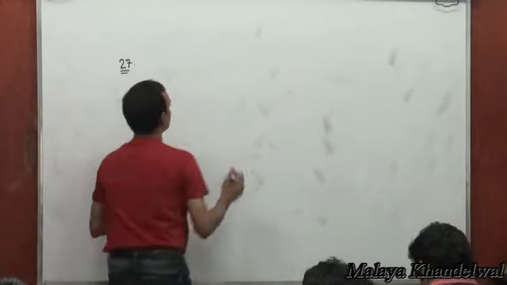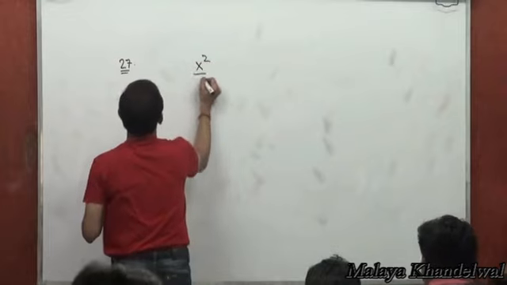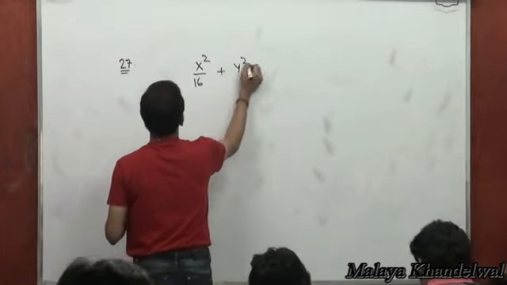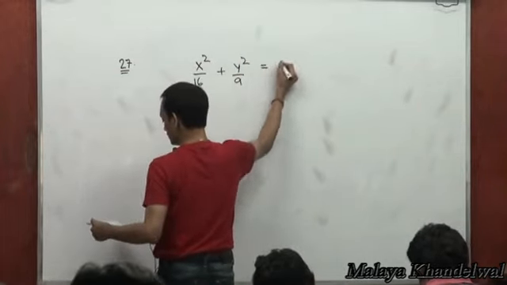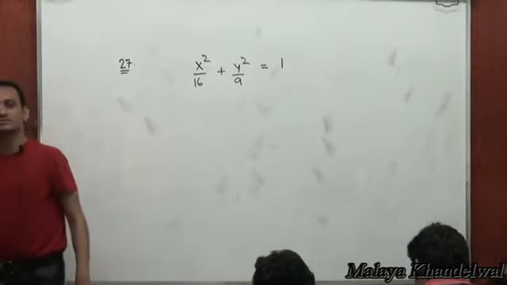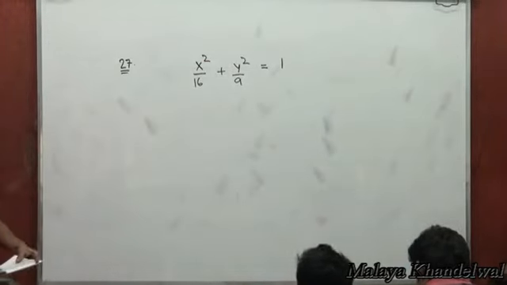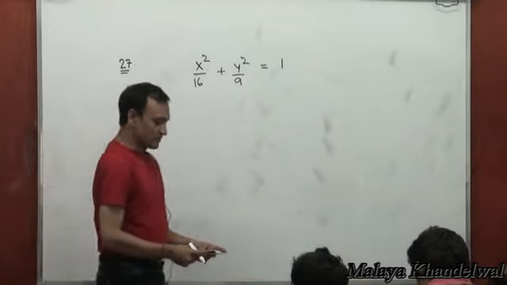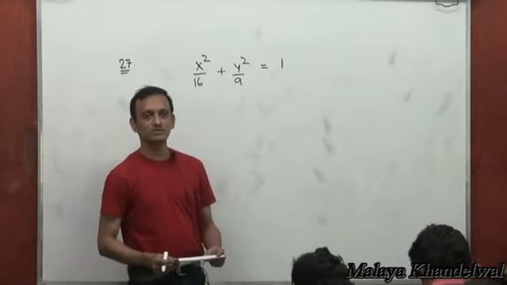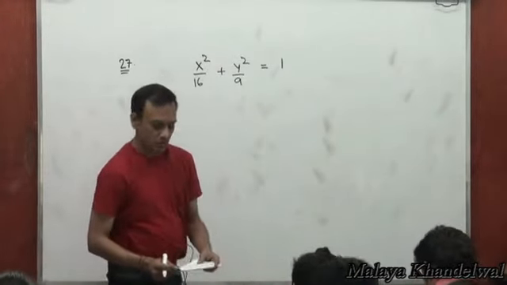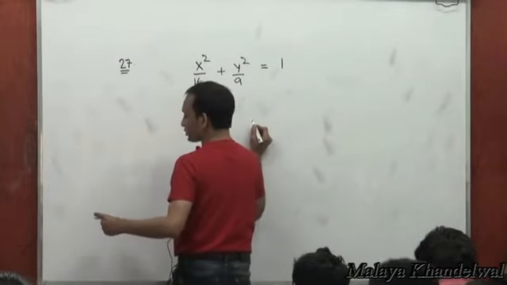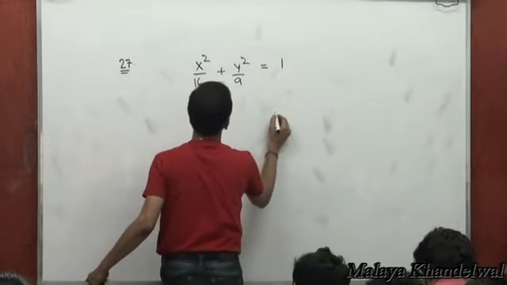There is an ellipse given, x squared by 16 plus y squared by 9 equal to 1. That's an ellipse. Find the maximum distance of the center of the ellipse from the chord of contact of mutually perpendicular tangents.